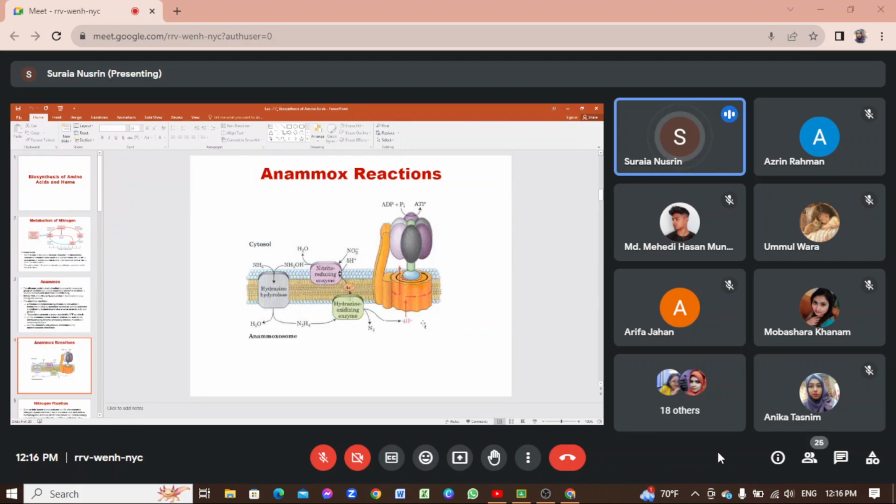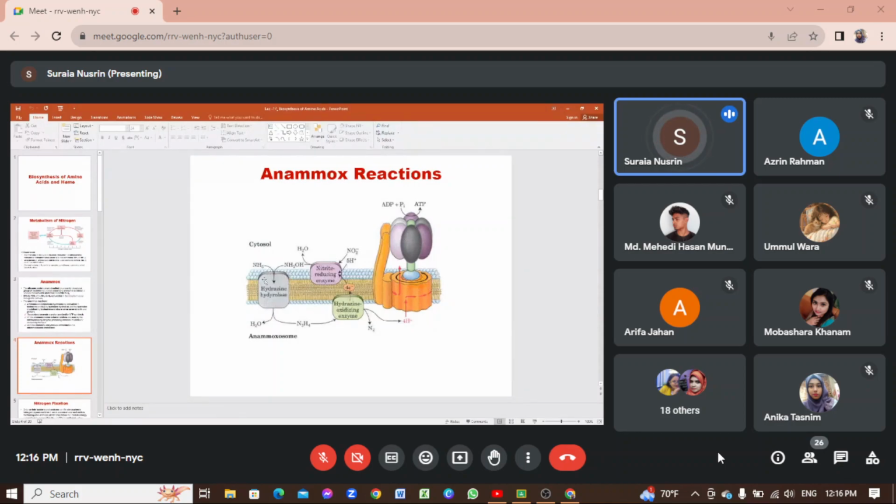Okay, now when the protons are released, that also causes the release of electrons. Those electrons are utilized by the enzyme nitrite reducing enzyme, which reduces the nitric oxide, and it gives rise to the formation of ammonium hydroxide.